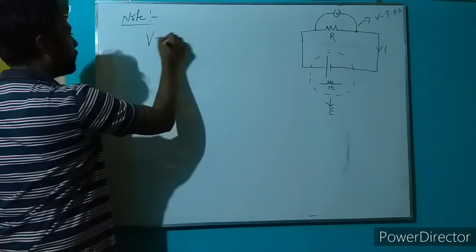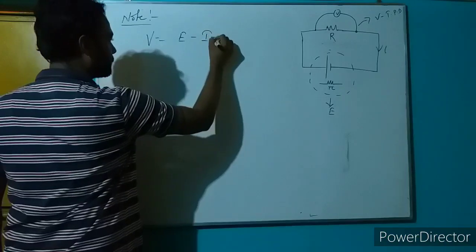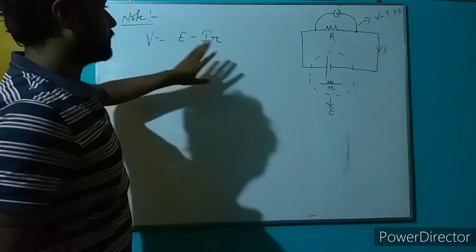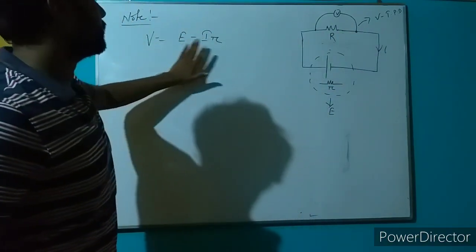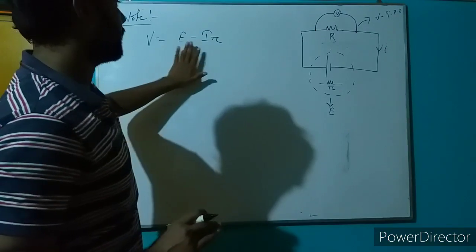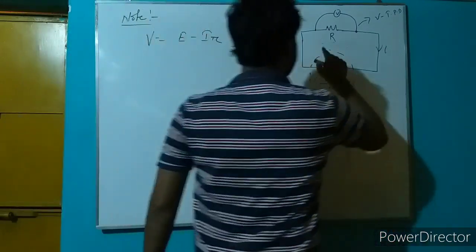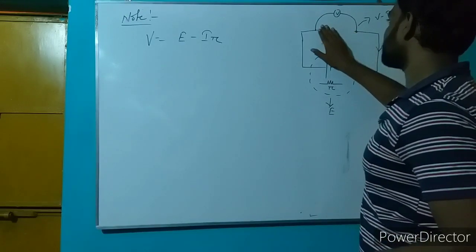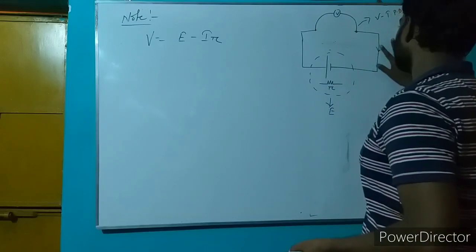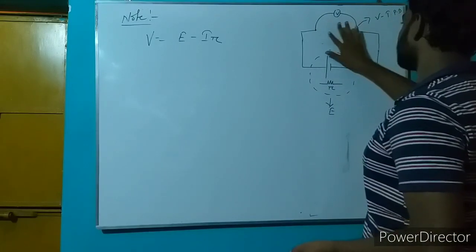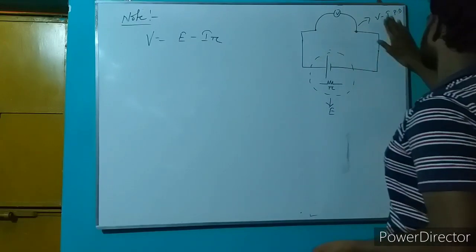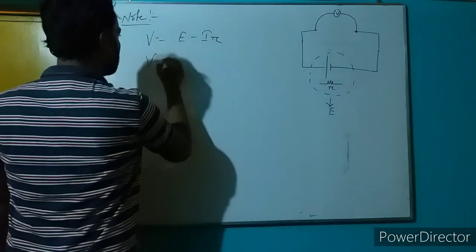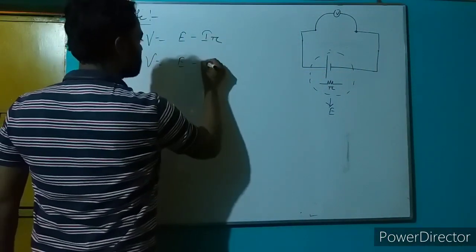We know the formula V equal to E minus Ir. If the circuit is closed, then the formula is V equal to E minus Ir. If there is no external resistance, there is no current flowing through the circuit. So V equal to E minus I, which is 0, into r.